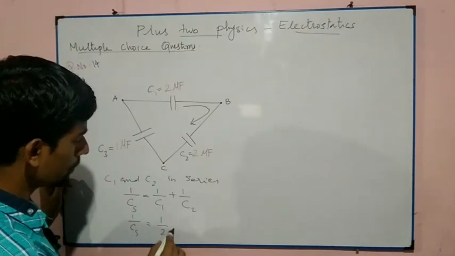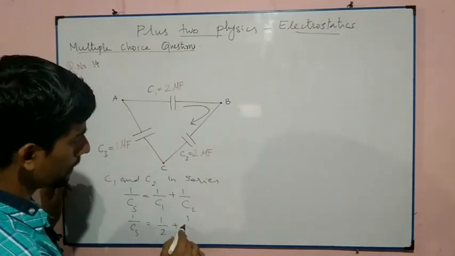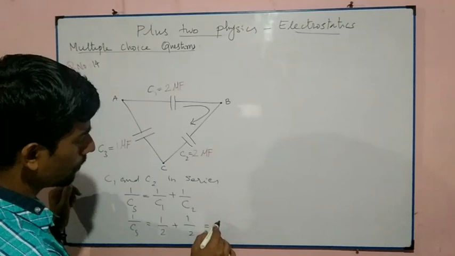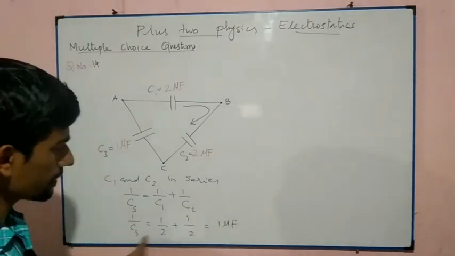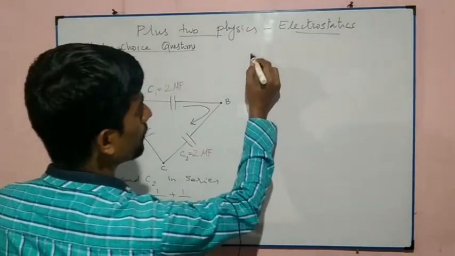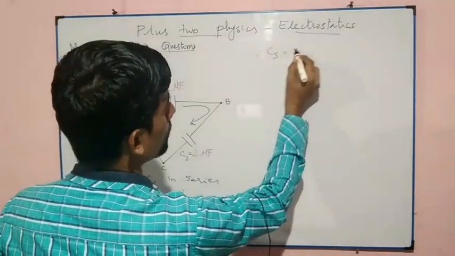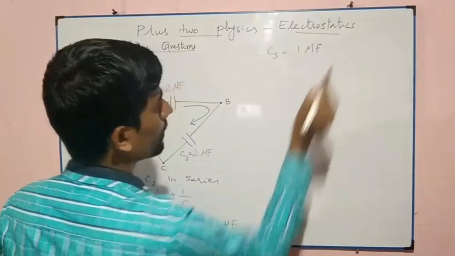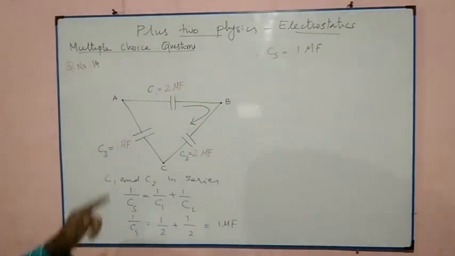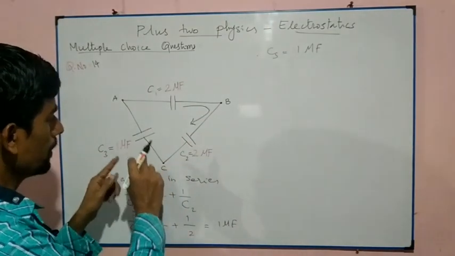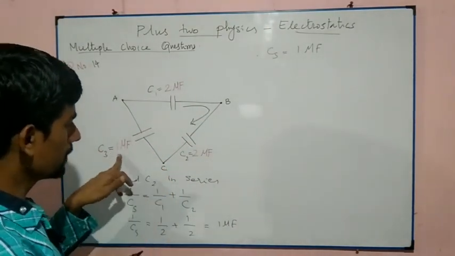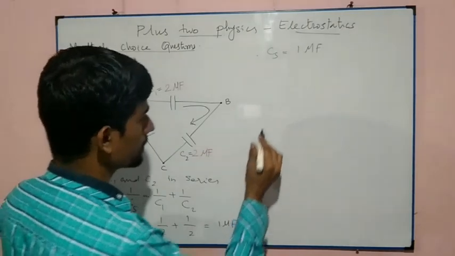So 1 by 2 plus again 1 by 2 is equal to 1 microfarad. So 1 by Cs is equal to 1, therefore Cs is also equal to 1 microfarad.